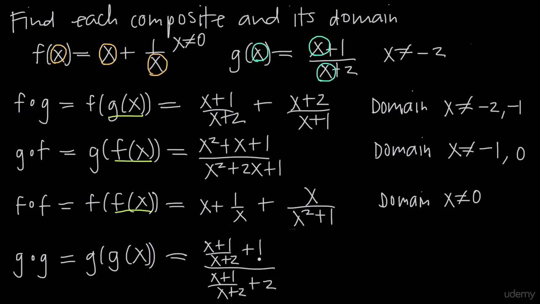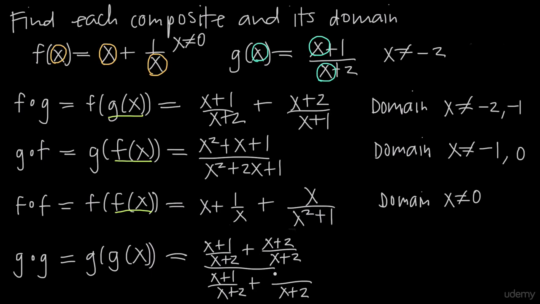So if we want to simplify this here, we'll multiply this 1 by x plus 2 over x plus 2 to get a common denominator within the numerator. So we'll then end up with the fraction x plus 2 over x plus 2. In the denominator, same thing. We want to multiply this 2 by x plus 2 over x plus 2. When we do that, we'll have a denominator of x plus 2, but then we're multiplying the numerator by 2 because remember we had a 2 here.